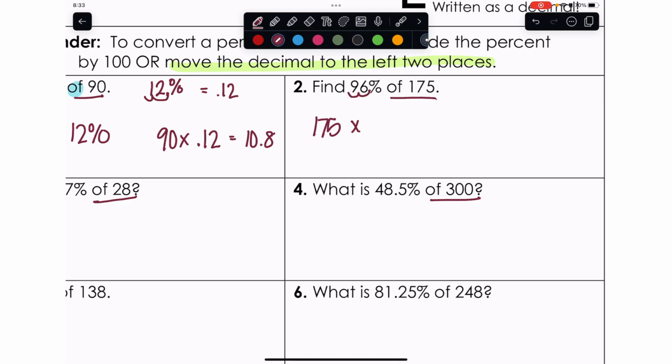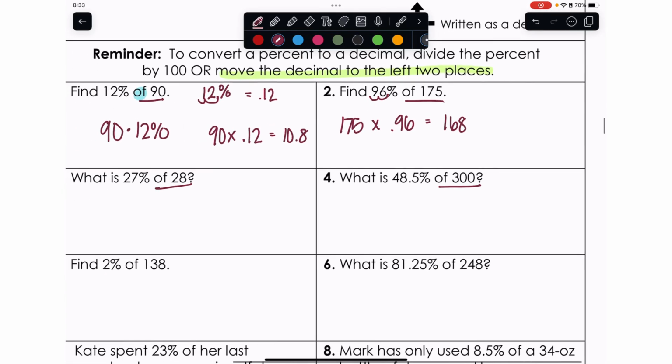If I move that over 2 places, I get 0.96. 175 times 0.96 gives 168. Again, you can only use this shortcut when you're given the whole and the percent. It does not work if you're given the part and the percent. It has to be the whole thing.